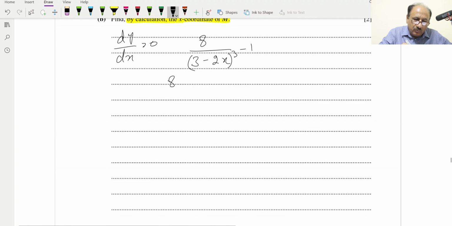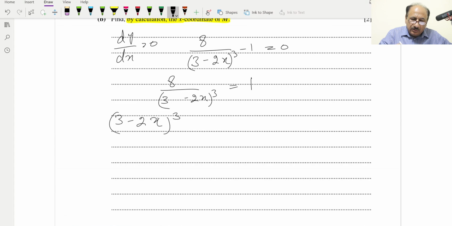So 8 over (3 minus 2x) to the power 3 is basically equal to 0, so we can write this equal to 1. Now cross multiplication: not 3x, this is only 3, so (3 minus 2x) cubed is equal to 8, and we can take the cube root on both sides.